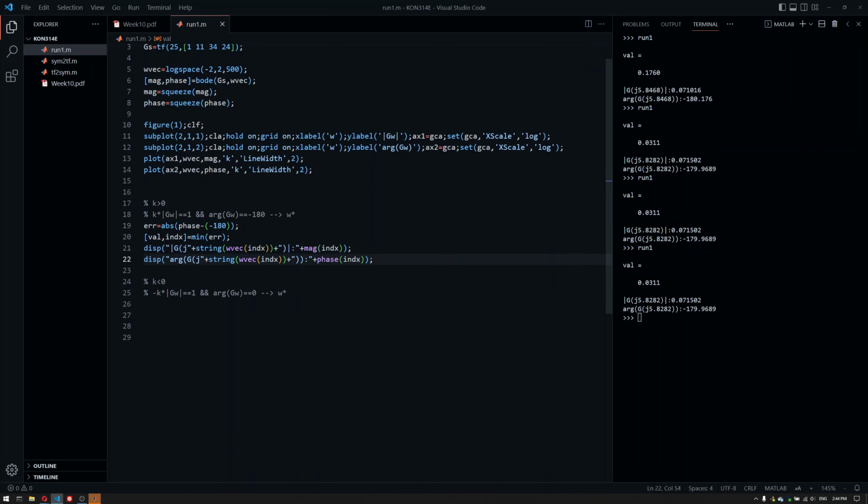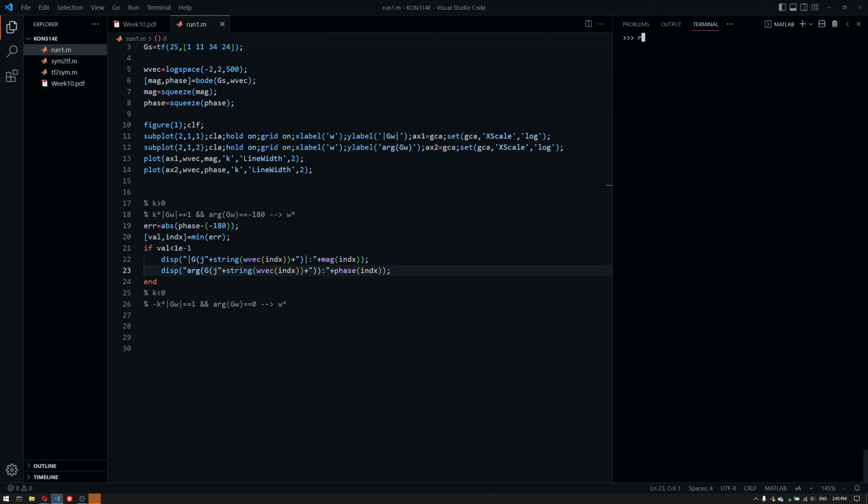So yeah, you can maybe also insert an if val is maybe less than 1e minus 1, 0.1. So then display it. Otherwise, it would be maybe it's not available. So we're interested in only this one here. So there we go.